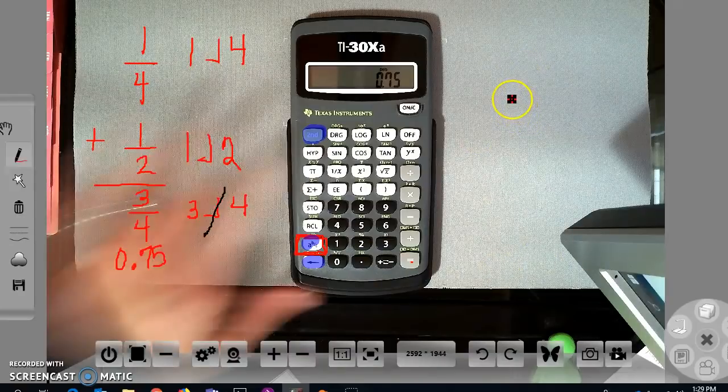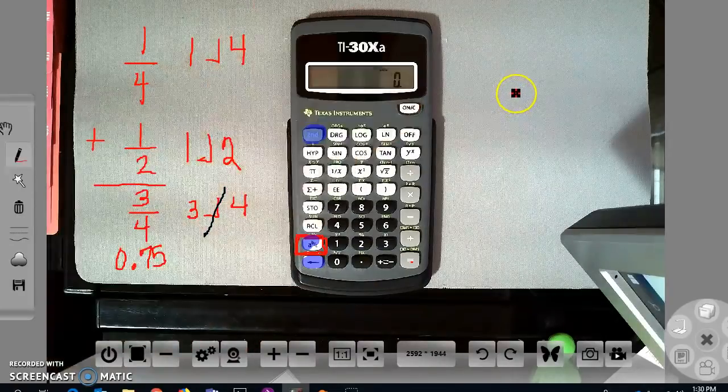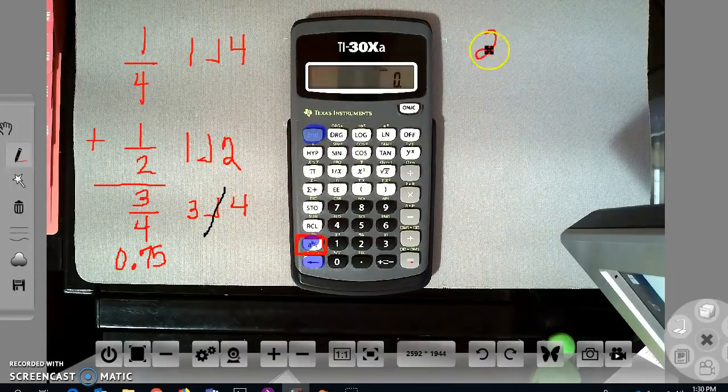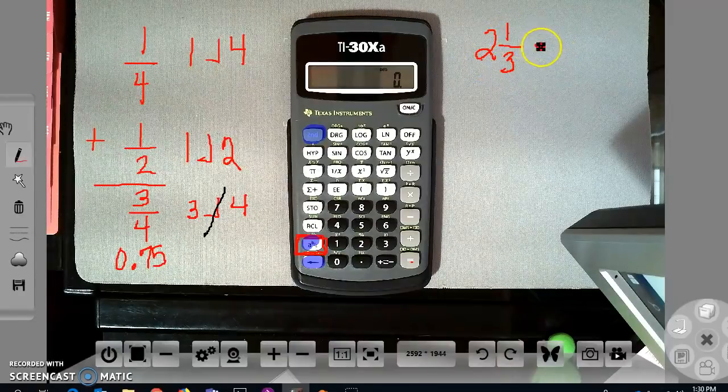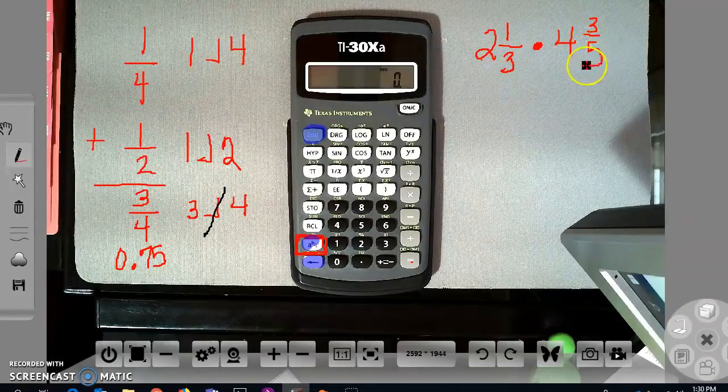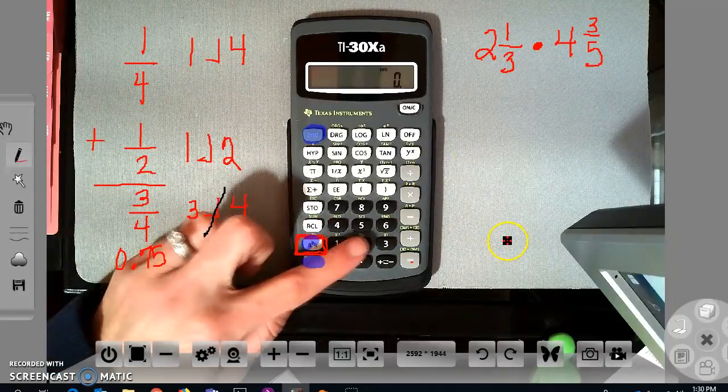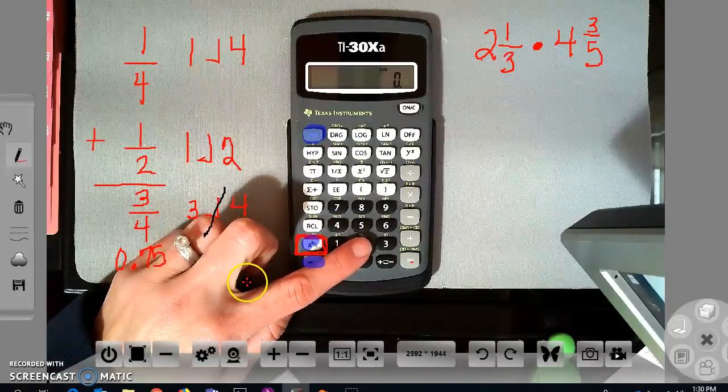Let's say that we would like to put in a mixed number. Let's go with multiply since we're working on that in class. We're going to multiply 2 1/3 times 4 3/5. So we will put the 2.